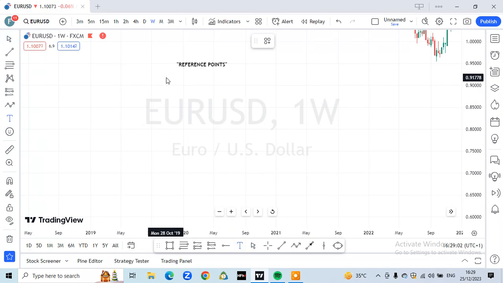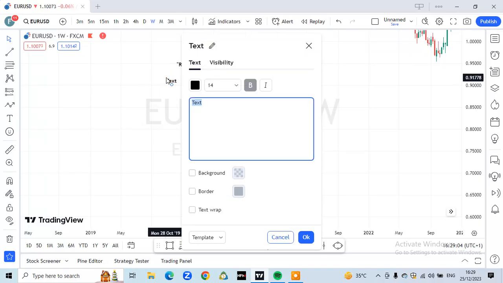Okay, so we have several reference points. This can be used both when the market is trending, uptrend, downtrend, whatever. And the best way to trade is to follow the trend.